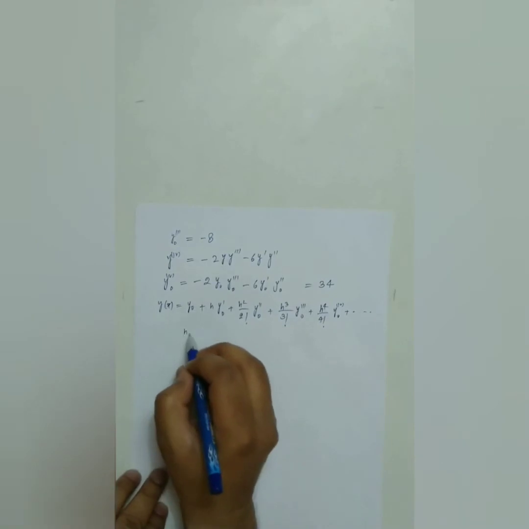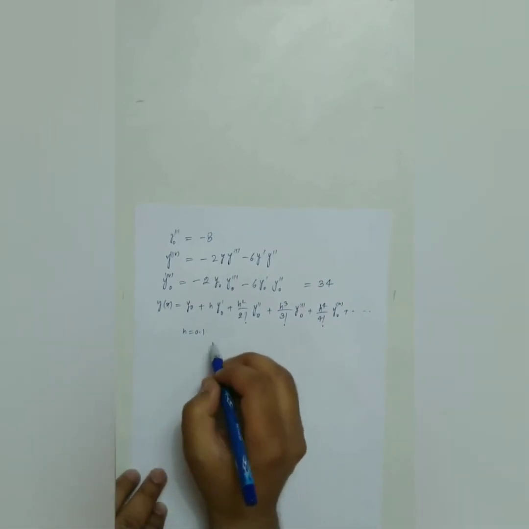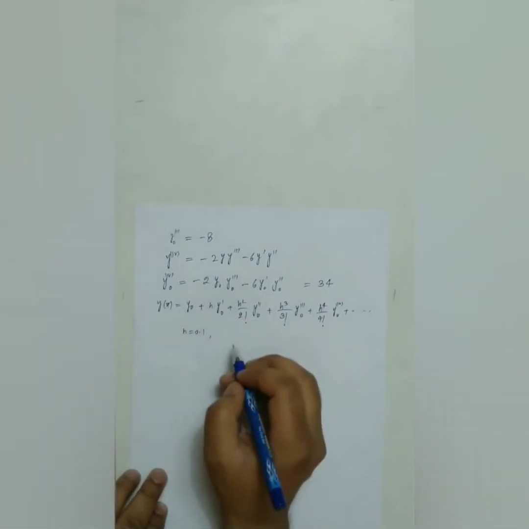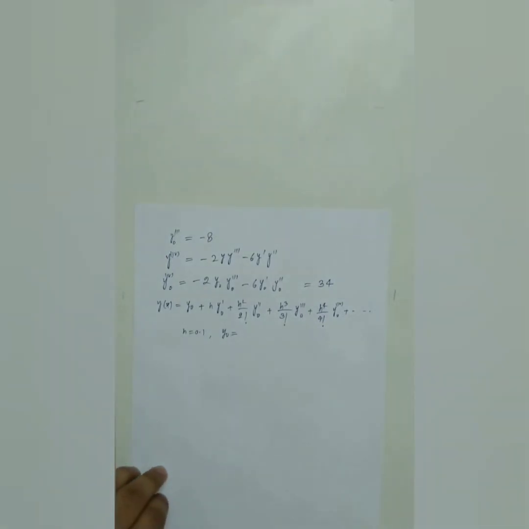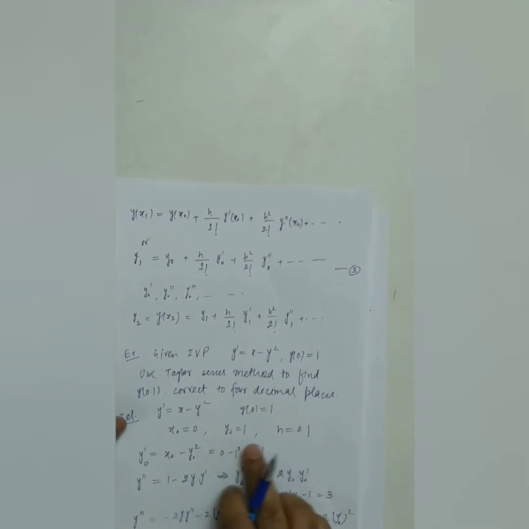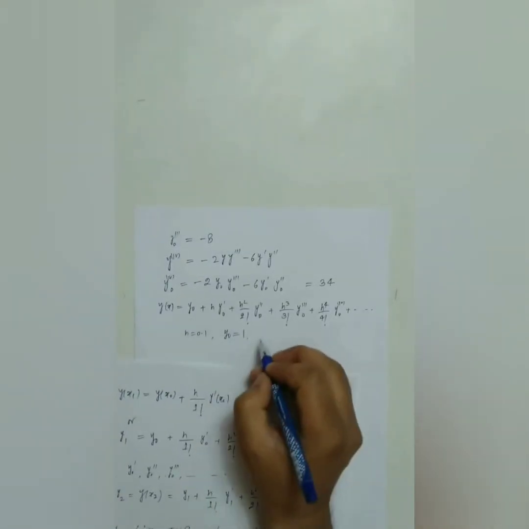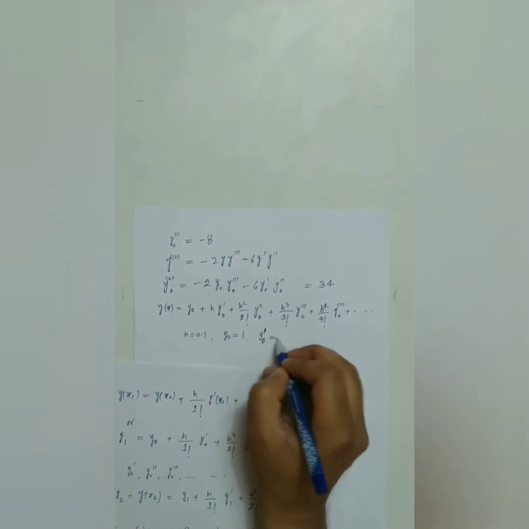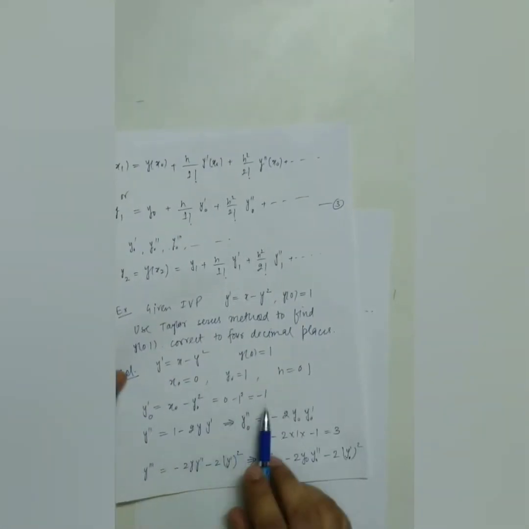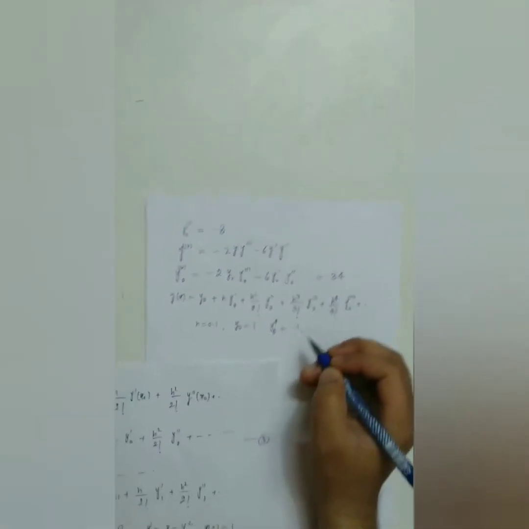Since we have h is equal to 0.1 and the value of y0 is 1, so I'm writing 1 here. The value of y dash 0 is minus 1, so this is minus 1.